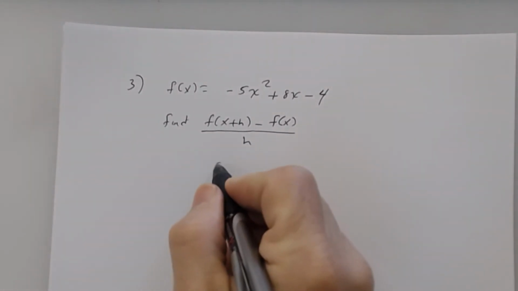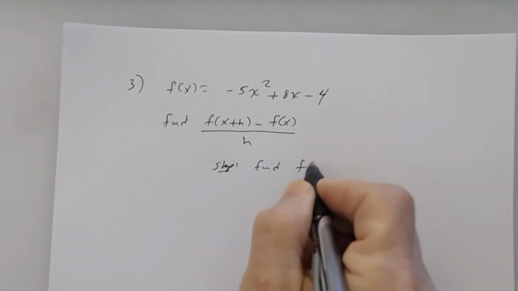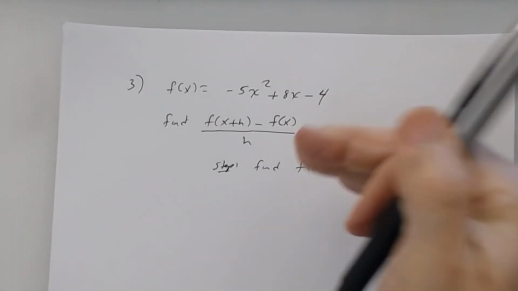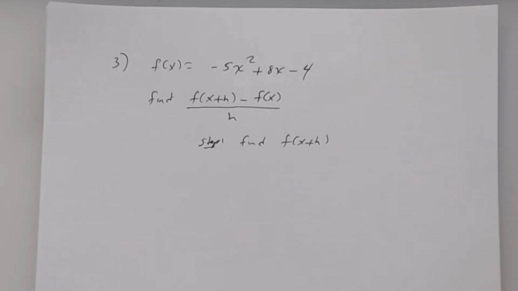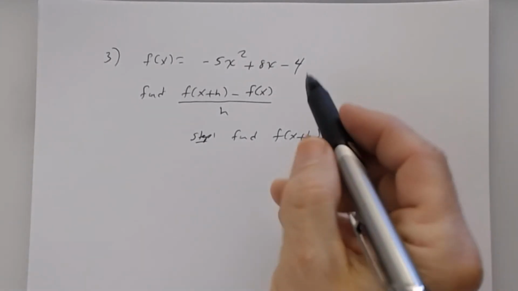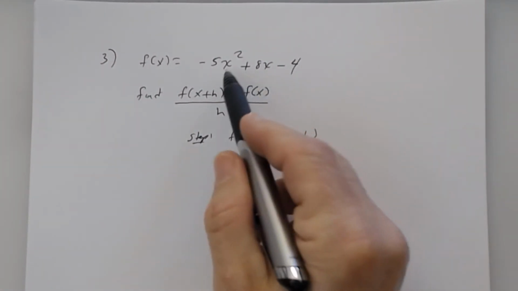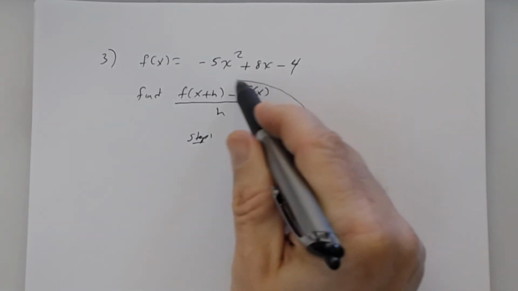So step 1 is to find f of x plus h. And it does help if you do it like step 1, step 2, step 3 like we've been doing. So when I find f of x plus h, remember that says where we see the variable x in my function, what do I substitute? X plus h.